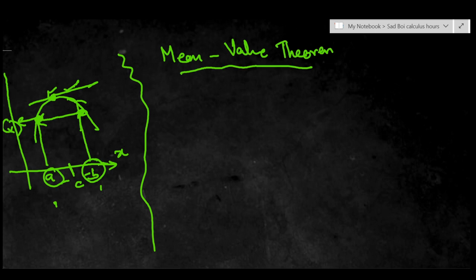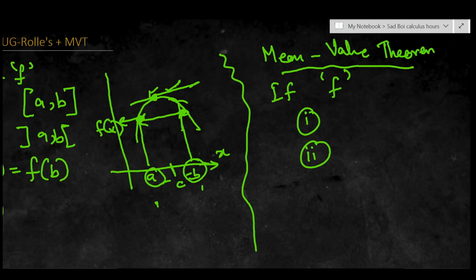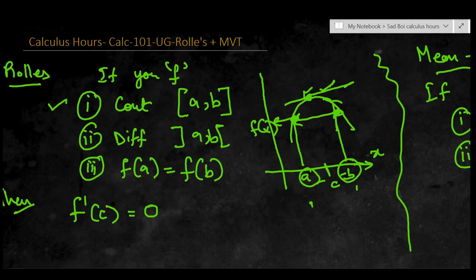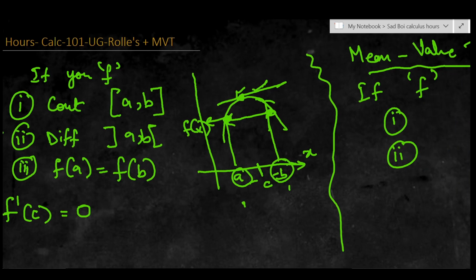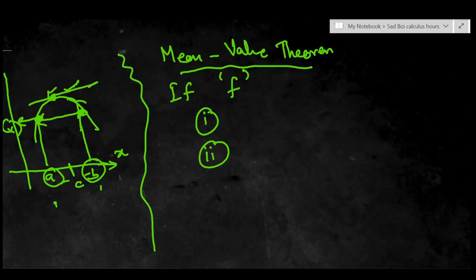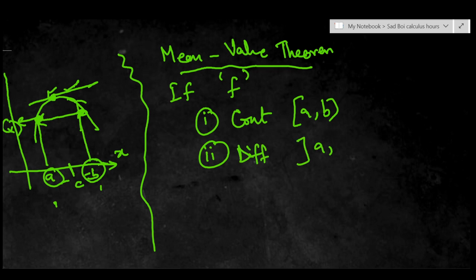So basically, consider you have a function f and it obeys, okay, now it only has two conditions, and those two conditions are the first two of Rolle's theorem. The first condition is that this function is continuous on the domain a and b. It is differentiable on the open interval a and b.